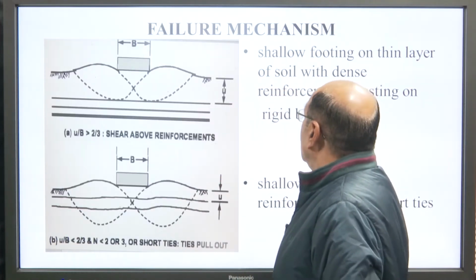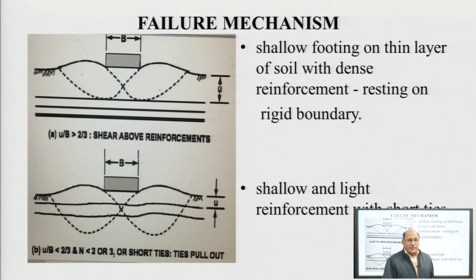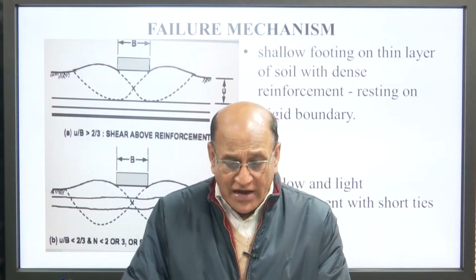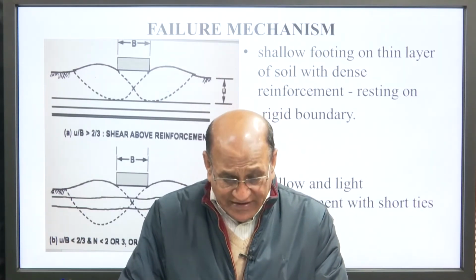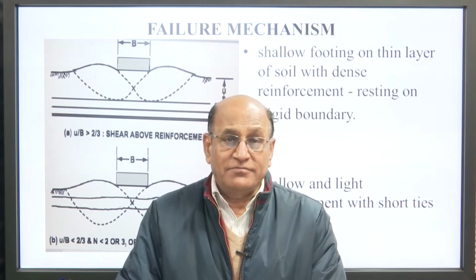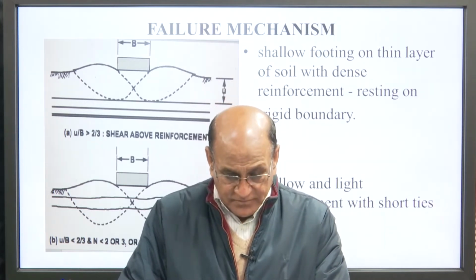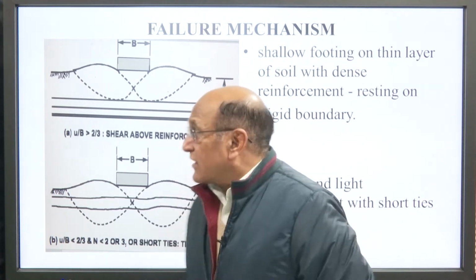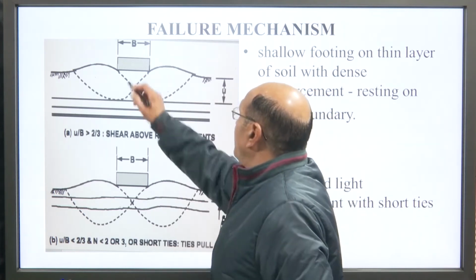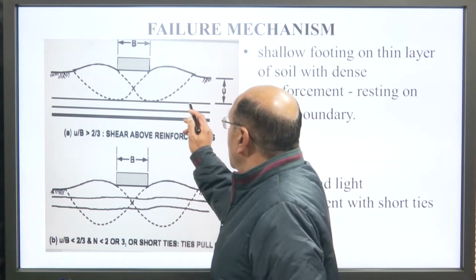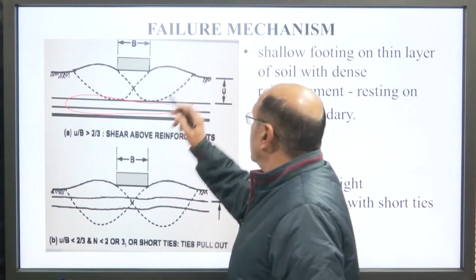Now, the next is a shallow foundation on a thin layer of soil with dense reinforcement resting on a rigid boundary. So, here there is a foundation and reinforcement is provided here.